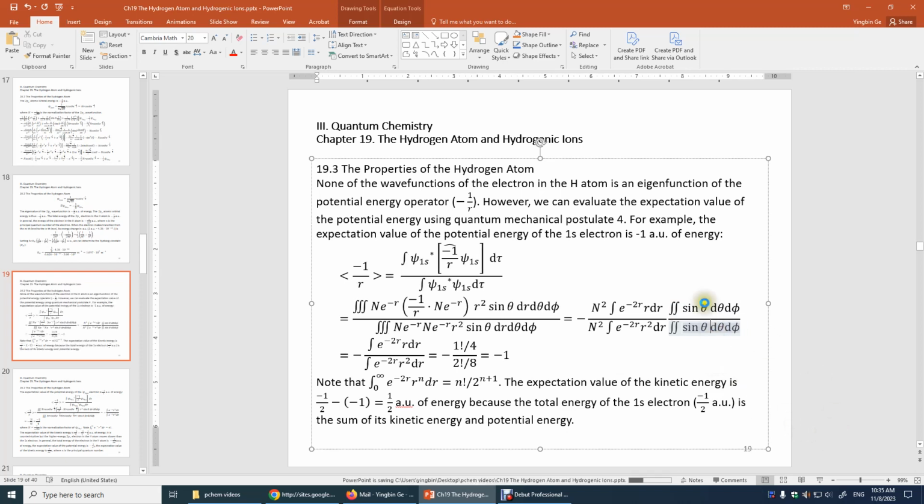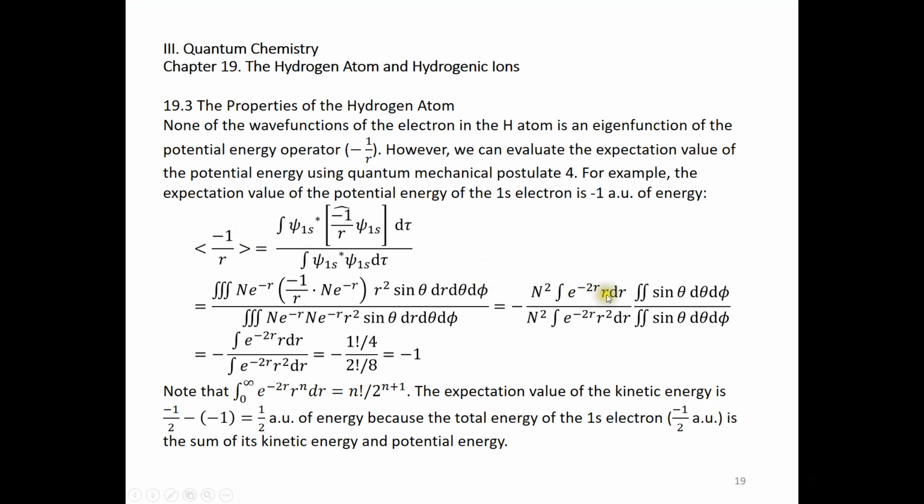Alright, now we're good because we're evaluating the function of r over here. And again, on top you have a triple integral. I'm just separating this to a single integral of r on top, and this is on the bottom. Because of this -1 over r, we have a negative sign here, and because this -1 over r is multiplied by r squared, you have r here, and on the bottom you have r squared here.